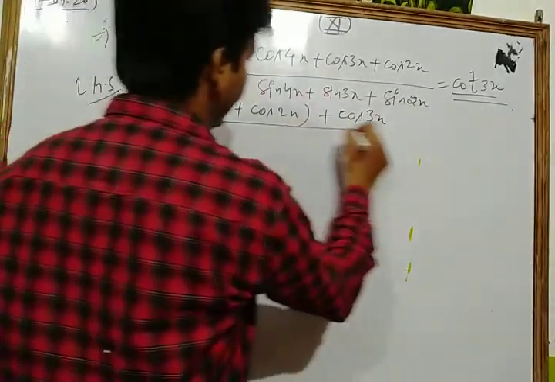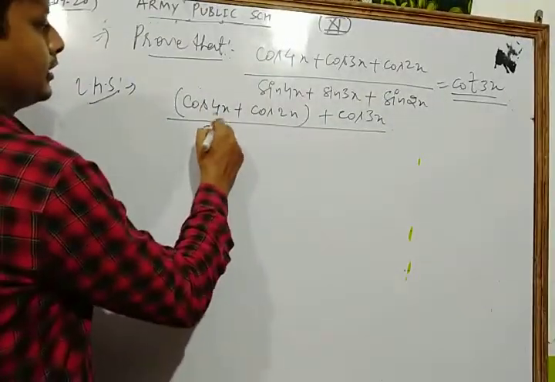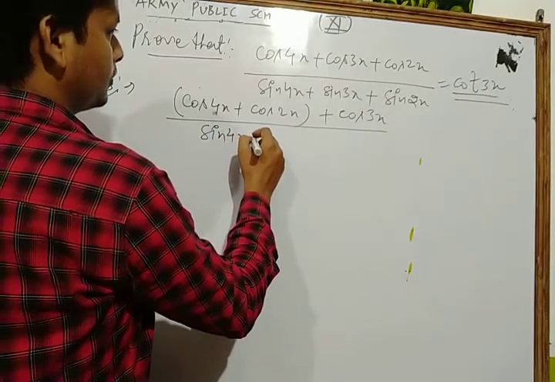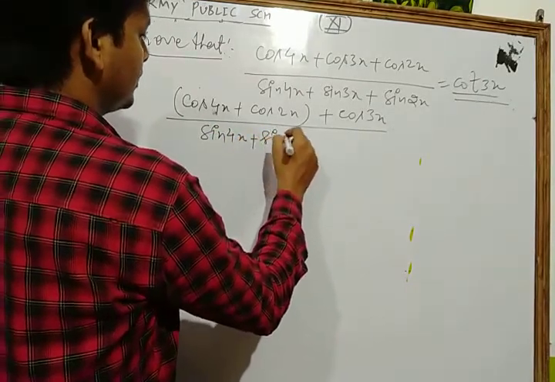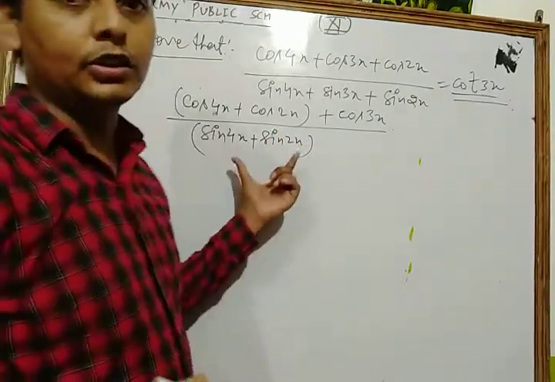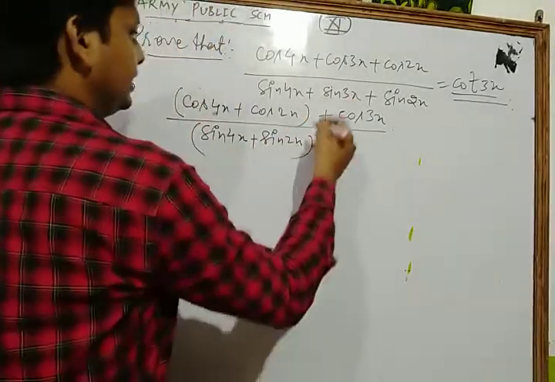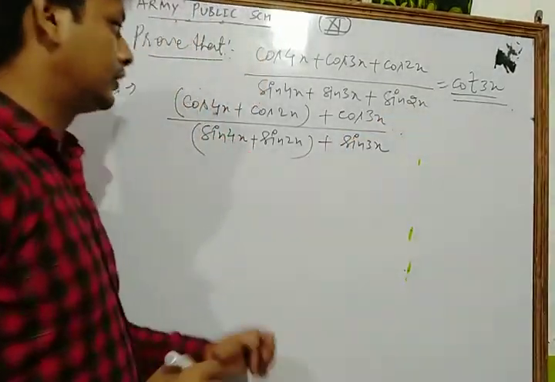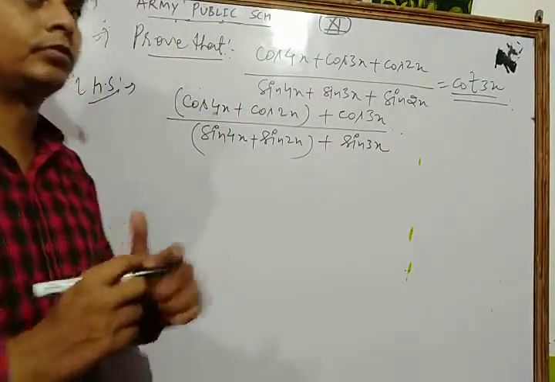Same as in the denominator, we take sin 4x plus sin 2x together, and sin 3x we take separately on one side.